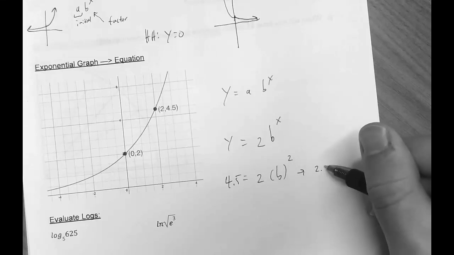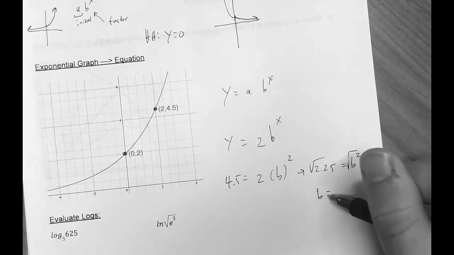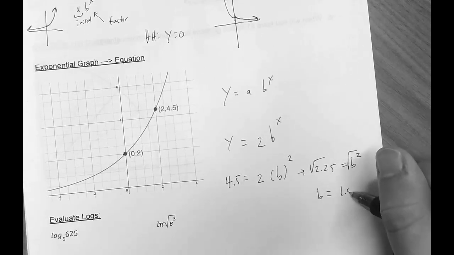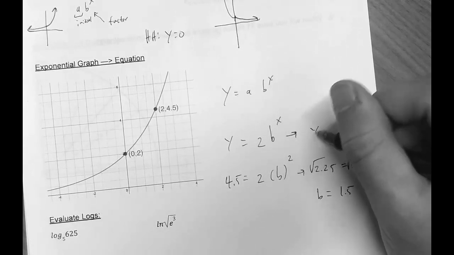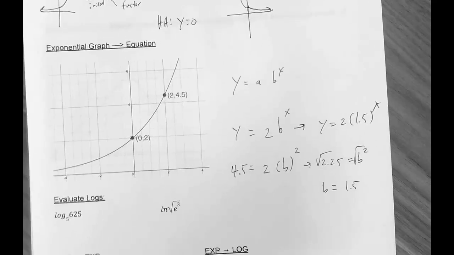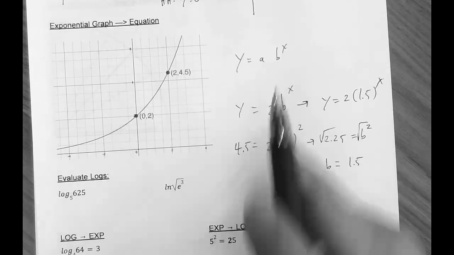Right, so I'm going to get 2.25 equals b squared. I square root both sides, so b equals the square root of 2.25, which is 1.5. So it'd be y equals 1.5 to the x. Okay? So just remember, starting, initial value, and growth factor.